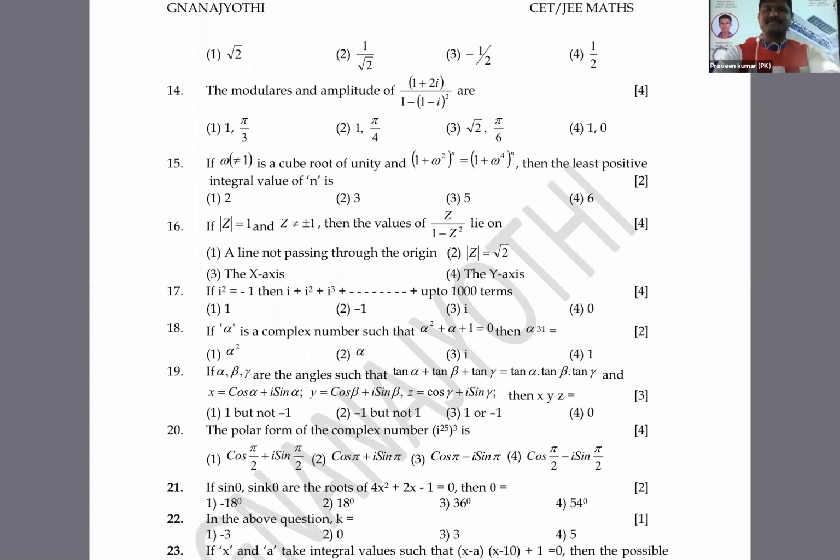Question number 15. Omega. So much is there to discuss about omega. Cube roots of unity, we can call it as omega. First copy the 15th question, I'll explain about omega first.